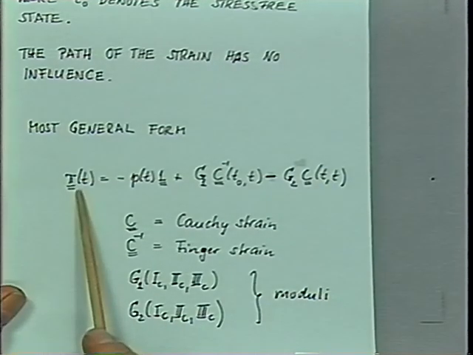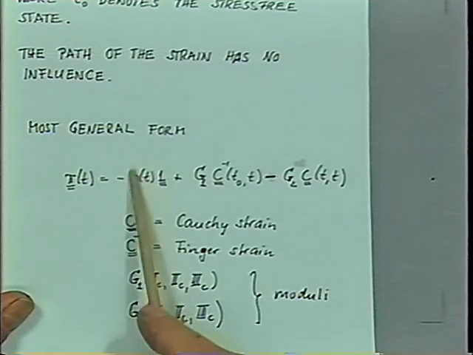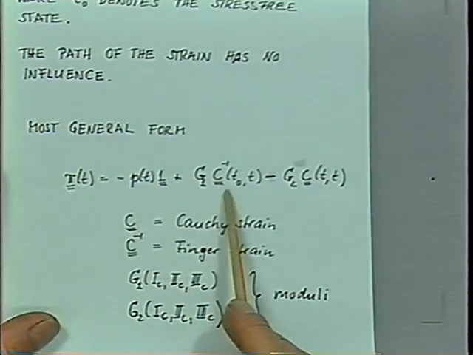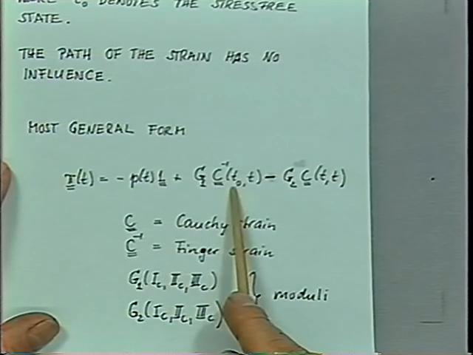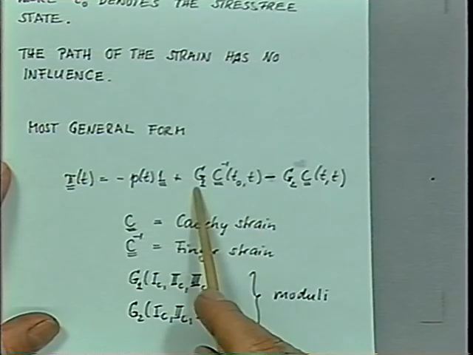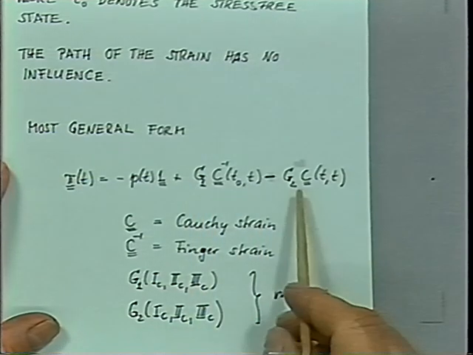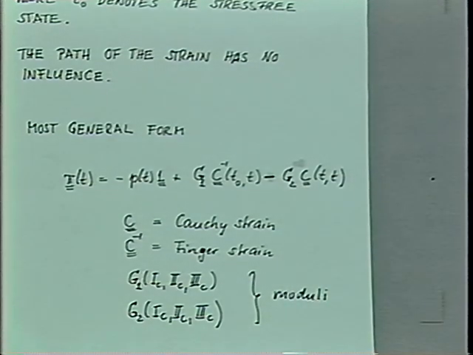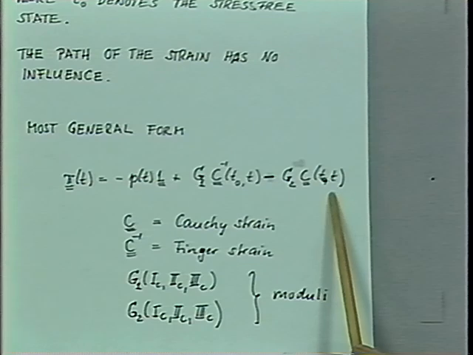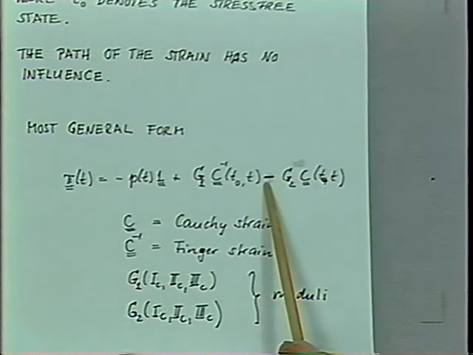So Finger said that the stress is given by an isotropic contribution plus the contribution of the Finger strain tensor between the stress-free state and the current state multiplied with some modulus plus the contribution of the Cauchy tensor between T0 and T. I should put in a 0 here, between T0 and T. The Cauchy tensor at small strain reduces to something negative. That's why we pulled the negative sign outside so that we have a positive property here.